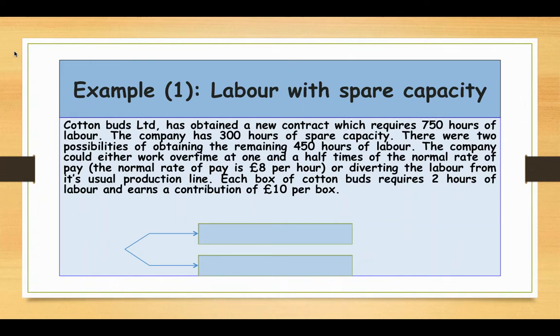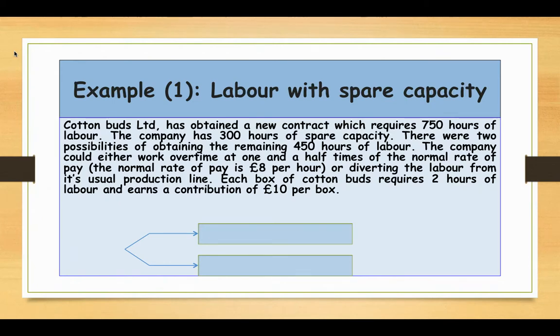Each box of cotton buds requires 2 hours of labor and earns a contribution of £10 per box. So here, to obtain that 450 hours, we have two options. Either the company can work overtime, or they can pinch the labor hours from its usual production.